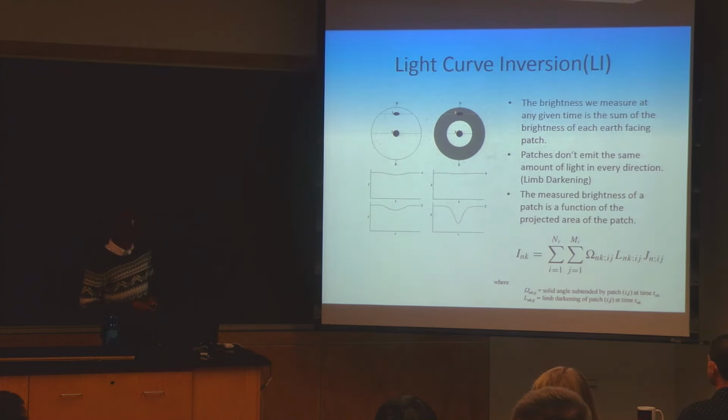After this, your LI algorithm has to account for certain things, the obvious one being that the sum of all the patches has to equal the total intensity that we see coming from the star. And other things, such as the location of the star spot, affect the light curve that we observe.